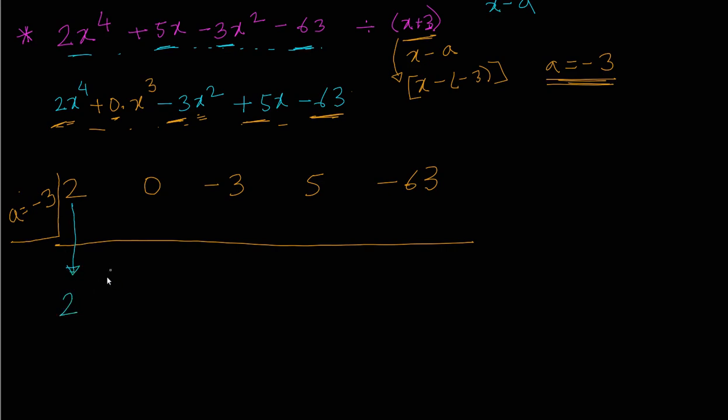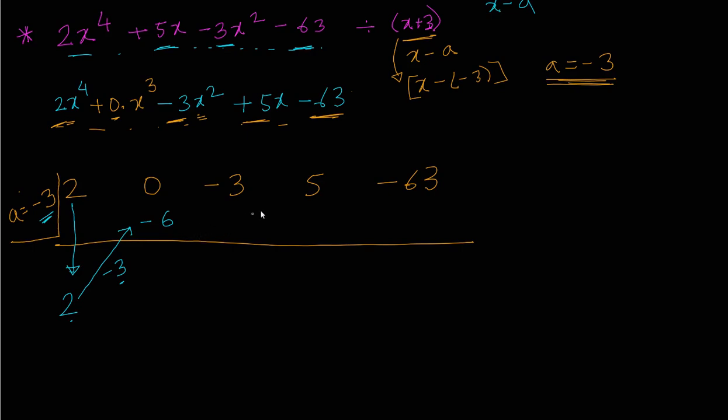Now let's multiply. I am going to multiply this 2 by my a, which is -3. 2 multiplied by -3 is what? -6. So let's write down -6 here. I am done with this step.